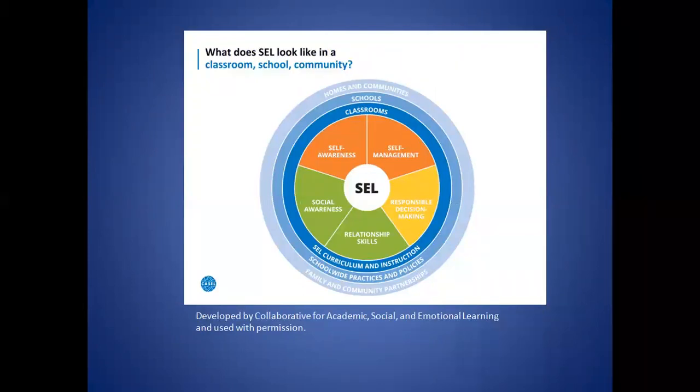Now, we've talked about what some of the definitions are of social and emotional learning. And then the last few slides were about some of the things that you could do in the classroom or in counseling even, in working with these students. There is also a place for social emotional learning in the community.